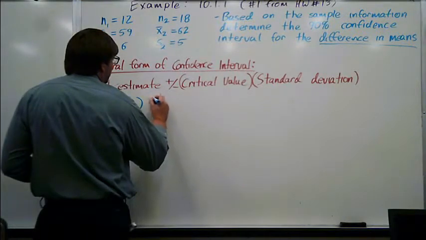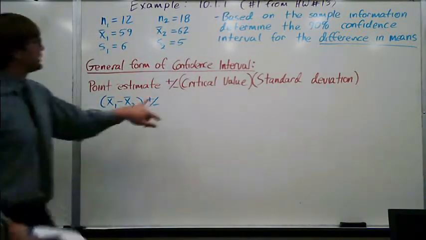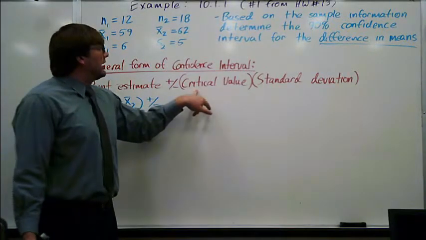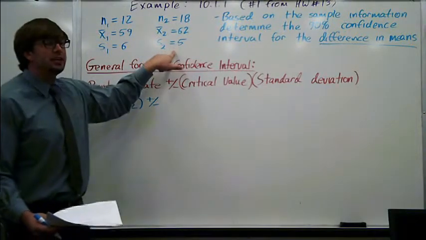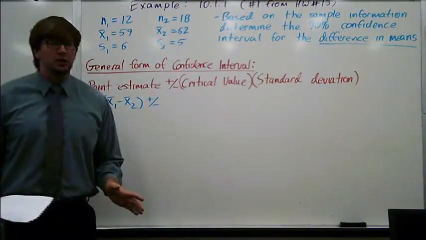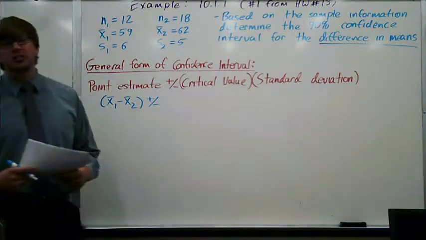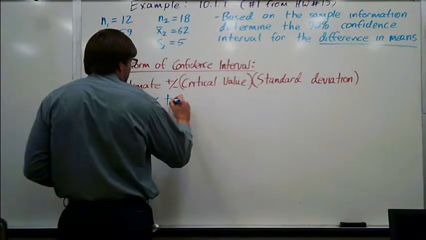Now, plus or minus, critical value. In this case, since we only have sample standard deviations, instead of having a z critical value, we're going to have a t critical value. So I'll just write out t critical.